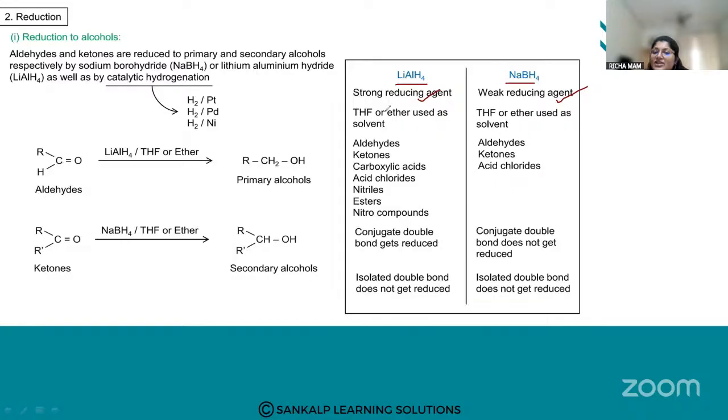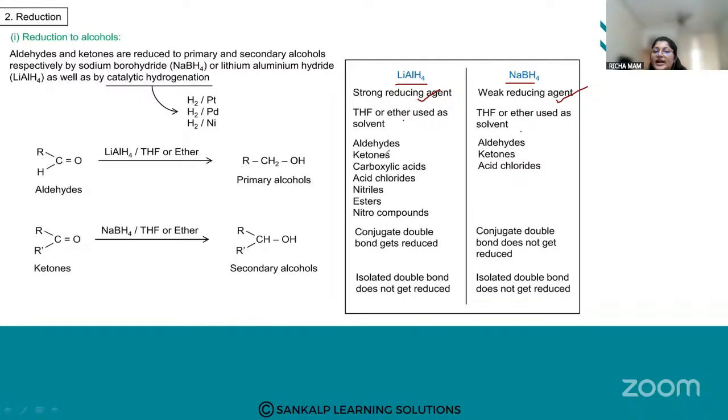Tetrahydrofuran or ether is used as a solvent here, and also here. So whenever you are using any reducing agent, we use it along with some solvent.